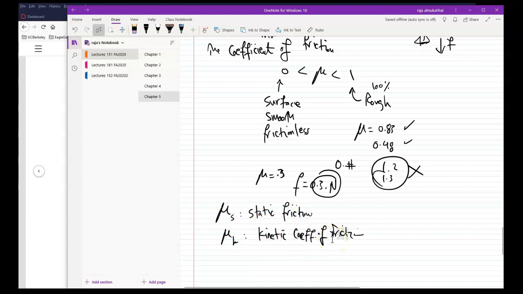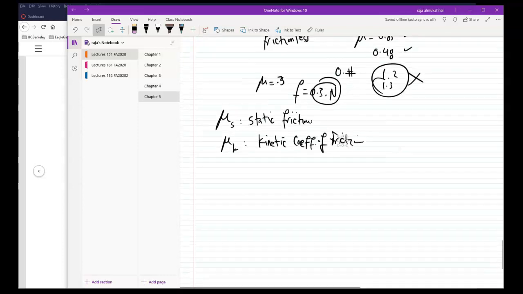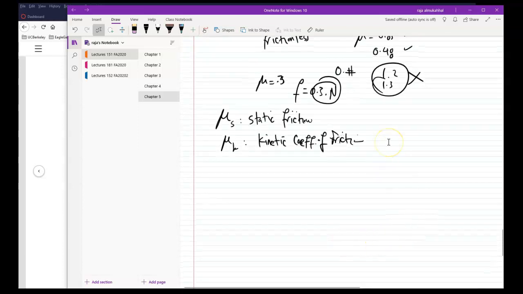What does that mean? Okay, what that means is the following. Let's say you have a big box and you want to drag the box somewhere. Let's say you're pushing it. Let's say you have a sofa, and you want to push the sofa from here to there. It's sitting on this wall, you want to move it to the other wall, okay?